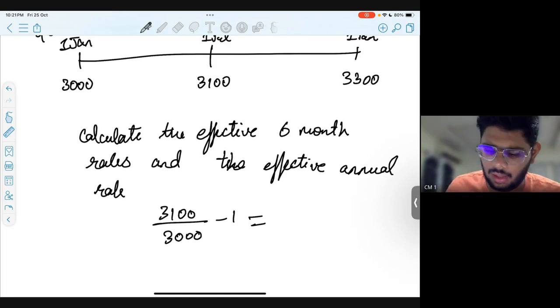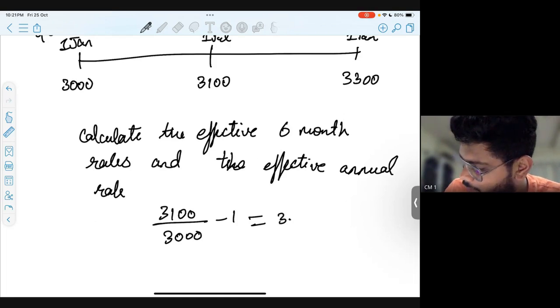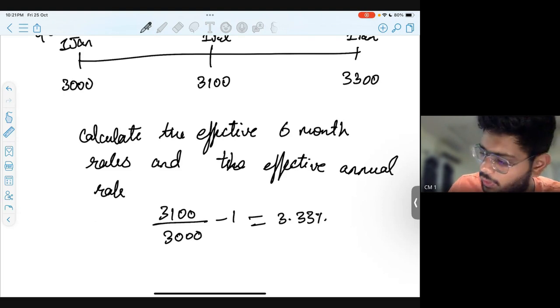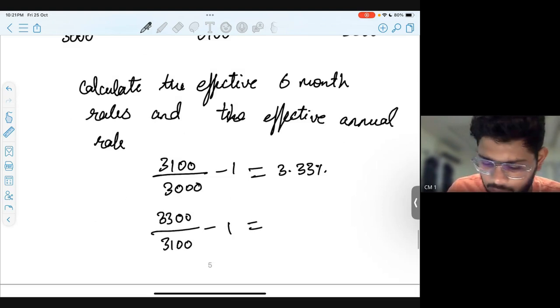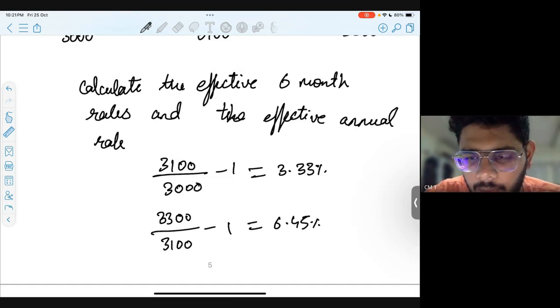How did you come at that conclusion? This is 3.33%. ठीक है. I think Rashi you multiplied it by 2, क्या? And the second is 3300 upon 3100 minus 1. So this is about 3.45%.